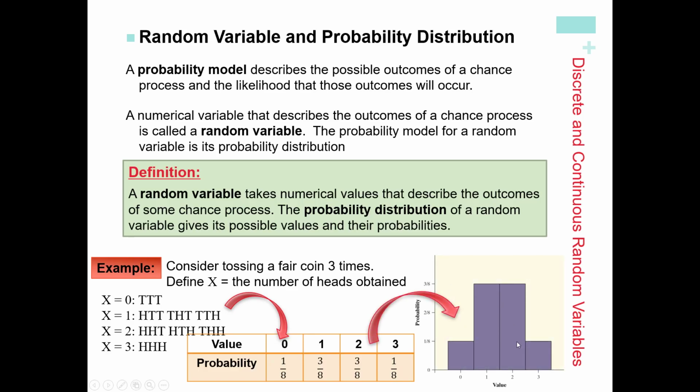If we graph that, it'll look something like this. There's a 1/8 chance of getting a 0, a 3/8 chance of getting a 1, a 3/8 chance of getting a 2, and again a 1/8 chance of getting a 3. Notice that this is beginning to look sort of like our normal curve, and we'll see why that is maybe a little later down the road.